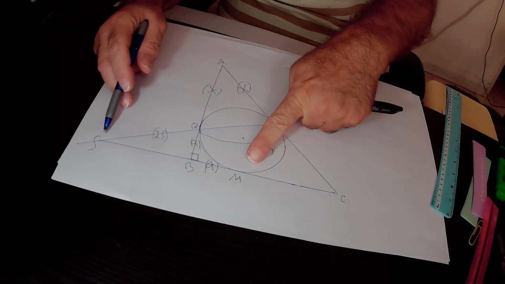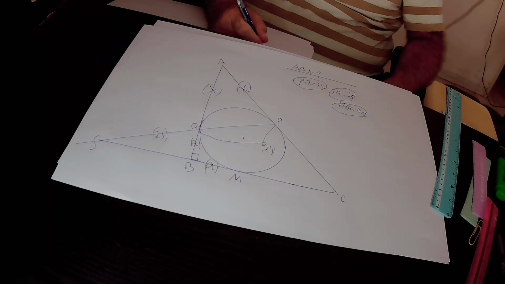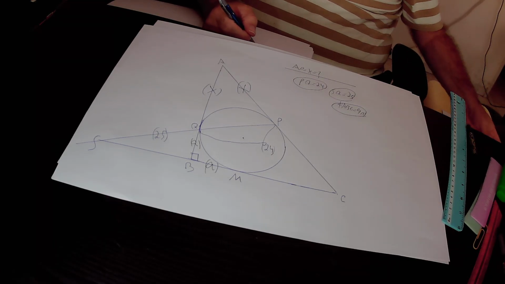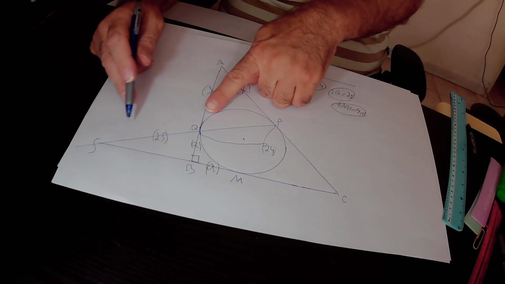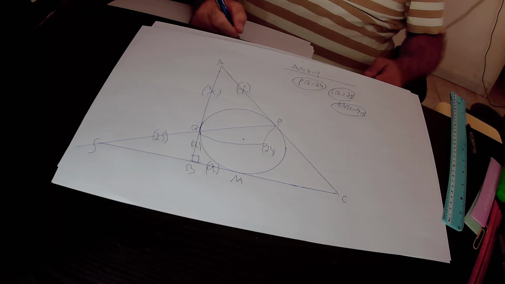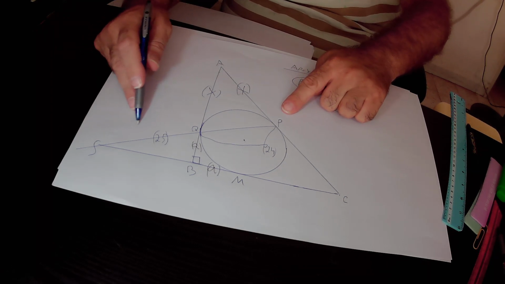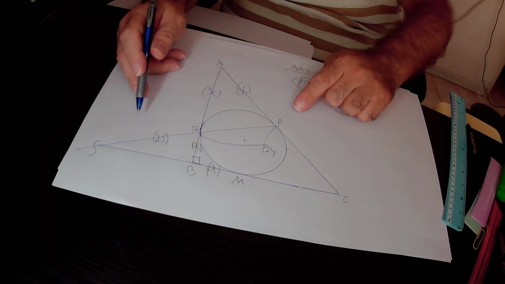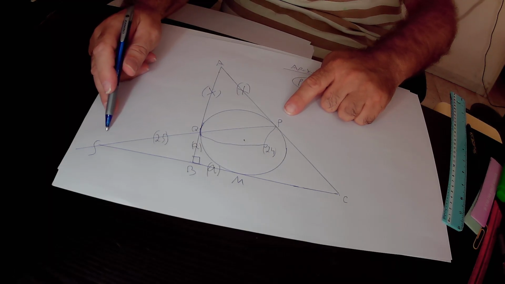SM is the missing tangent, so we leave it as it is: SM squared equals SQ, which is 25, times SP. SP in total is equal to SQ, that is 25, plus QP, that is 24. 25 plus 24 is 49. So in total, SP equals 49 units in length.